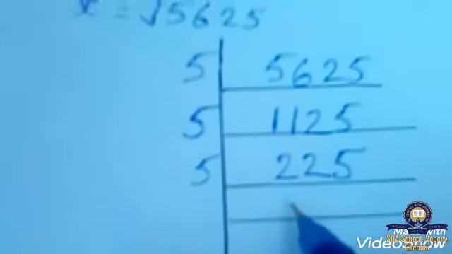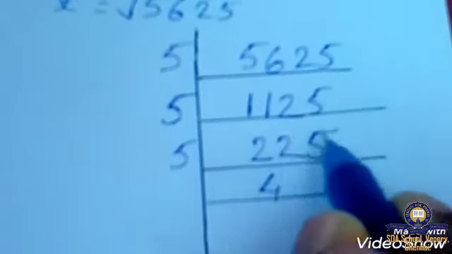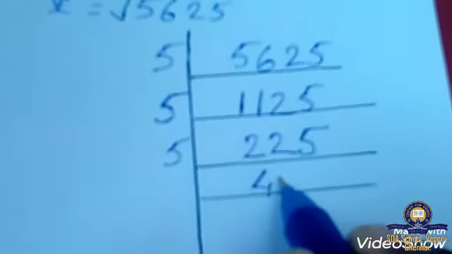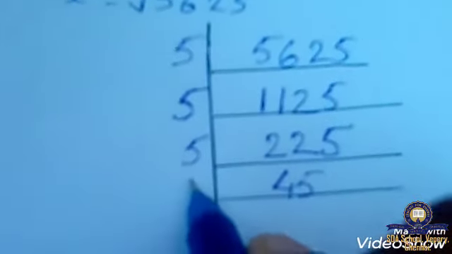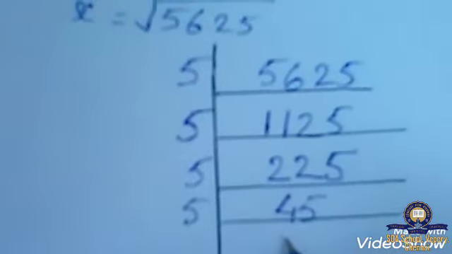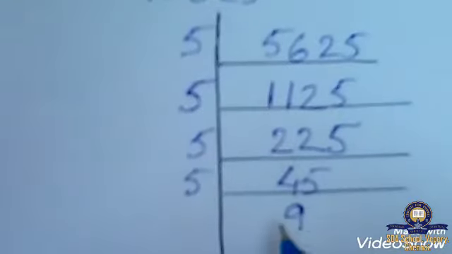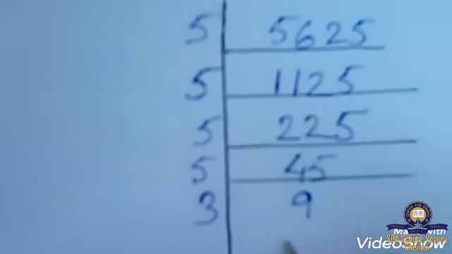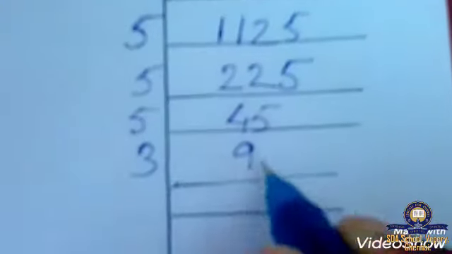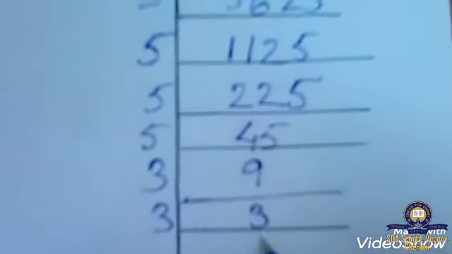Then the balance 9 is divisible by 3. So 3 3s are 9, and again we take 3 and the remaining is 1.